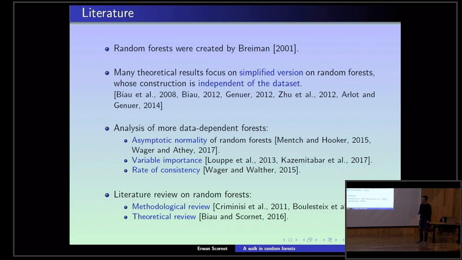Small review of literature. Random forest is a recent procedure in statistics because it's from 2001 by Breiman. At first, the theoretical results that try to analyze random forest focused on a simplified version of random forest, which is built without the dataset, meaning that you do not look at your dataset anymore, you build a partition which doesn't depend at all on the dataset.